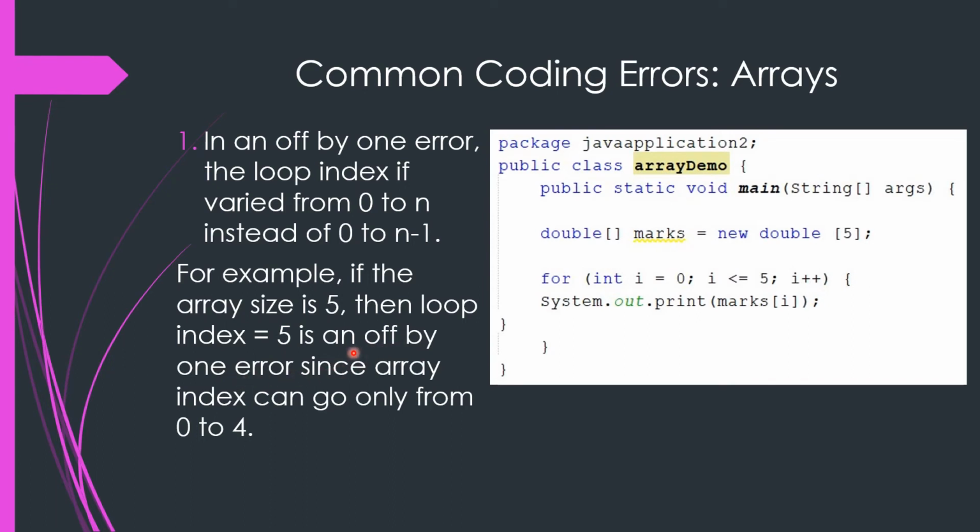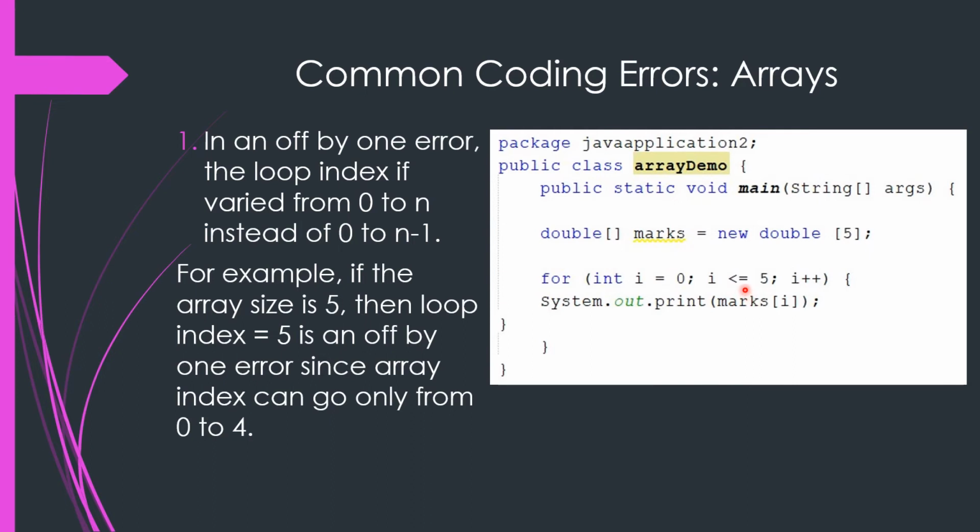Basically the value is greater by 1, so that is why we are calling this error an off by 1 error. Here if instead of equal to we had just put the less than sign, it could be the right coding, but we have used less than or equal to 5.